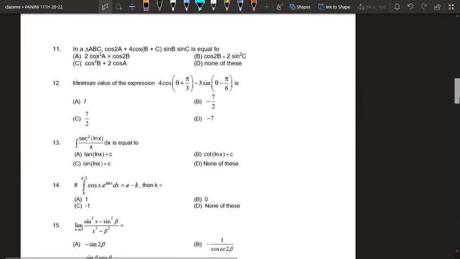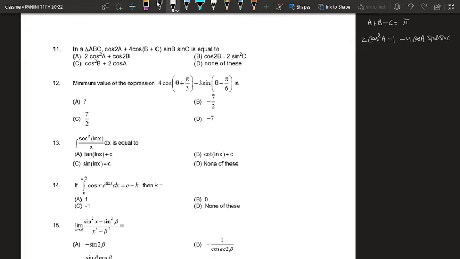Now again, 11th, a trigonometric ratios and identities based problem. Cos 2a in a triangle ABC, that means it is given that a plus b plus c is equal to pi. Cos 2a is 2 cos square a minus 1 minus 4 cos a sin b sin c, because b plus c is pi minus a and cos of pi minus a is minus cos a.